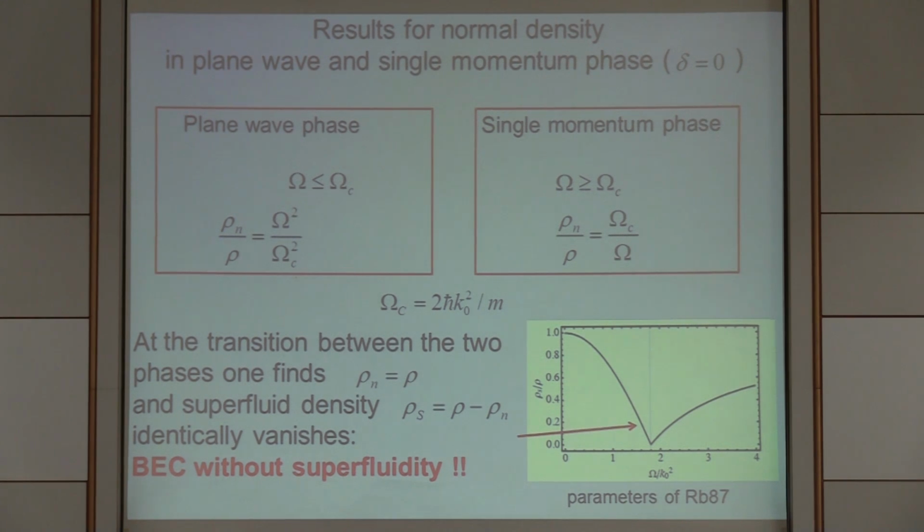The quantum depletion, which is typically 0.4% in the usual Bose-Einstein condensates, becomes 0.8% in the presence of spin-orbit coupling. So we have the typical feature of a system which is practically 99% Bose-Einstein condensed, but it's not superfluid as far as the motion along the direction of the laser field is concerned.